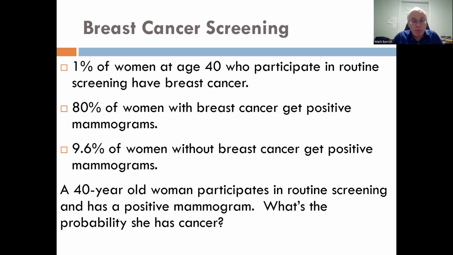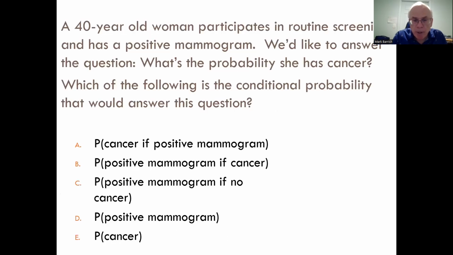Now, 80% of women with breast cancer get positive mammograms, which is a correct result, because a positive result indicates you may have breast cancer. 9.6% of women without breast cancer get positive results. That's a false positive. So these three numbers will show up on the tree diagram.